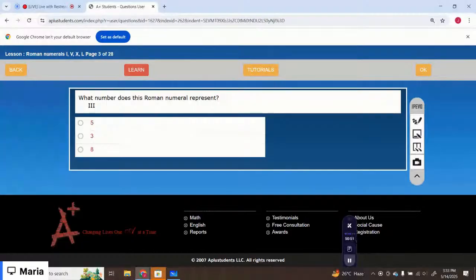What number does the Roman numeral represent? Option number 2 is the correct option.